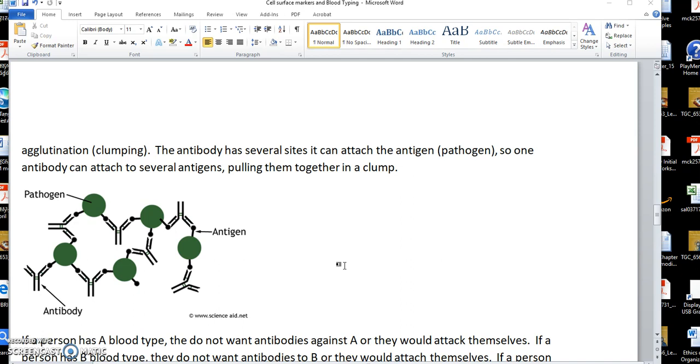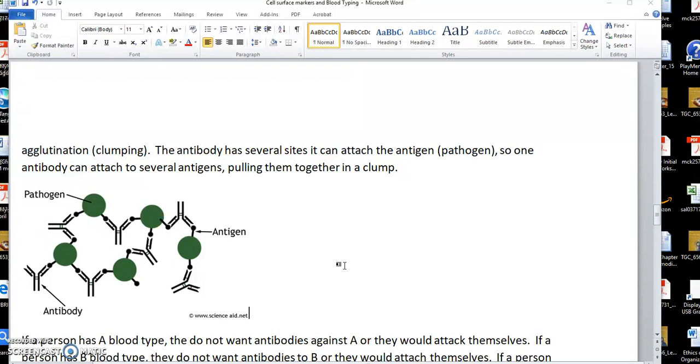You would then come in and put antiserum. Antibodies are located in your plasma. So therefore, if a person had A blood type, they wouldn't want to have A antibodies because you attack yourself. Vice versa with B. So what we could take are produced A antibodies and put them on the A spot. And then some produced B and put them on the B spot.